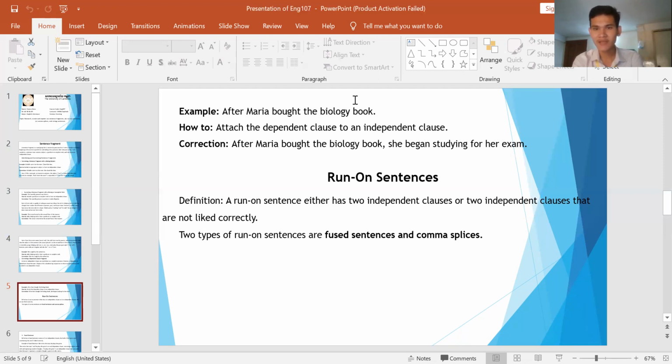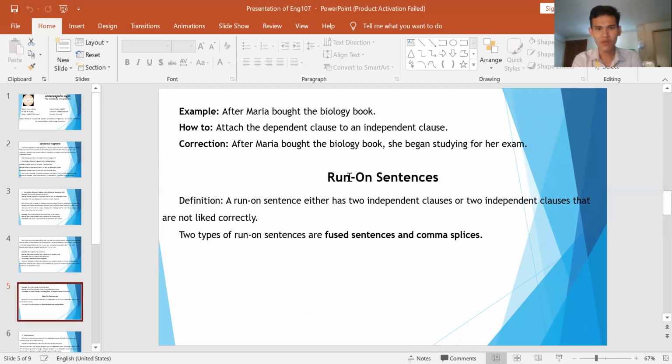As you know, a complex sentence must contain at least one independent clause and one or more dependent clauses. Here is the correction: After Mary bought the biology book, she began studying for her exam. You need to add an independent clause here to give the full meaning, the complete thought of the sentence.